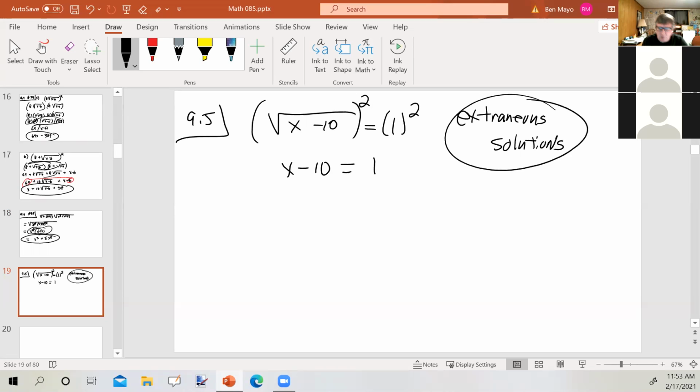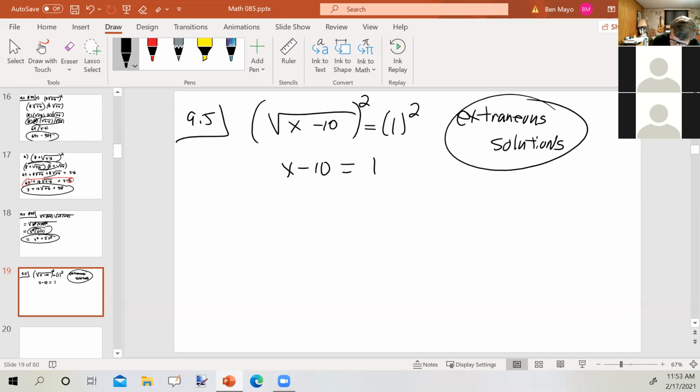Those are solutions that we come up with, but when we check them, they don't work. And in WebAssign, they will ask you to solve an equation. Then they'll say, are the solutions extraneous or not? If they're extraneous, they don't work. But they'll ask you to find them and then check whether they work or not.